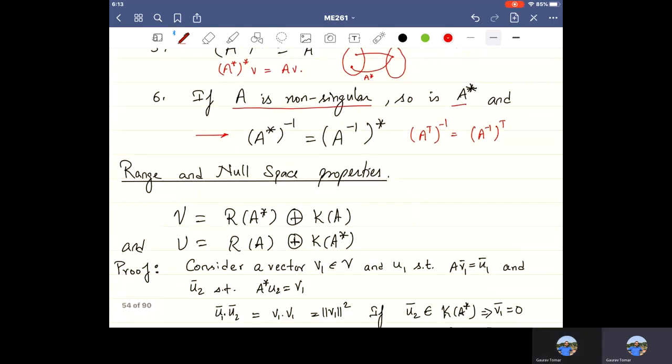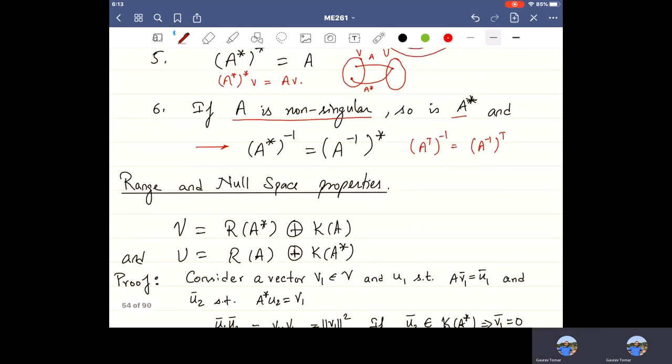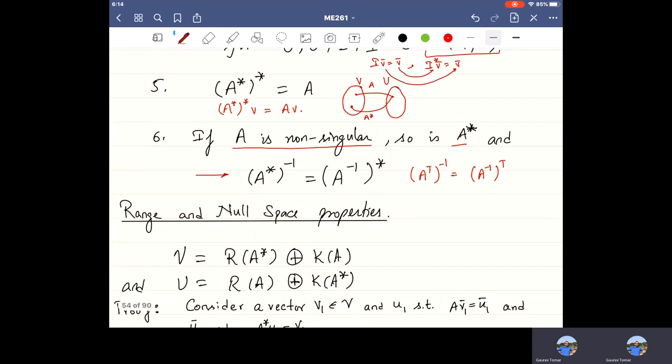Now, the range and null space properties of these linear transformations can be listed in these ways. The vector space V can be generated as the range of A transpose in a direct sum with the null space of A. That's how you can generate V. So those vectors which do not belong to the null space of A would belong to the range of A transpose.